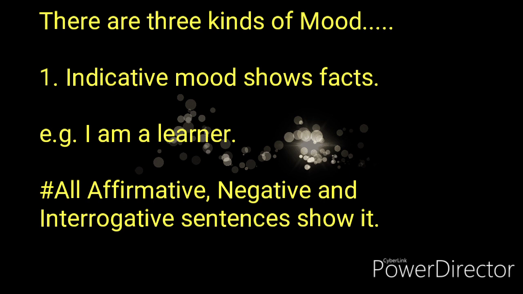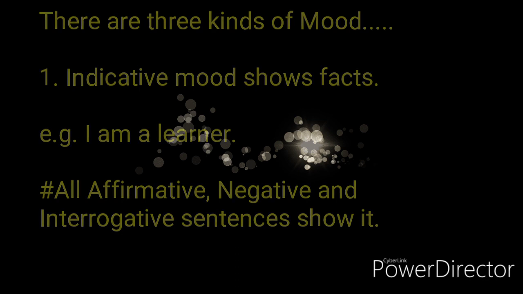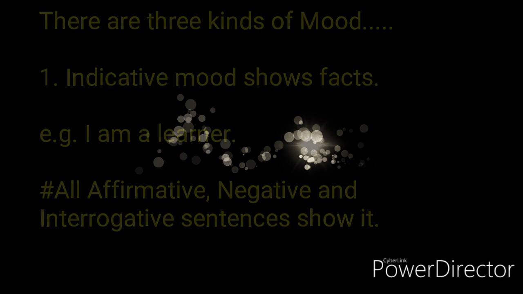In indicative mood, we include all affirmative, negative, and interrogative sentences. I can say I'm not a terrorist. That is also showing indicative mood. Are you a student? It is also showing an indicative mood.